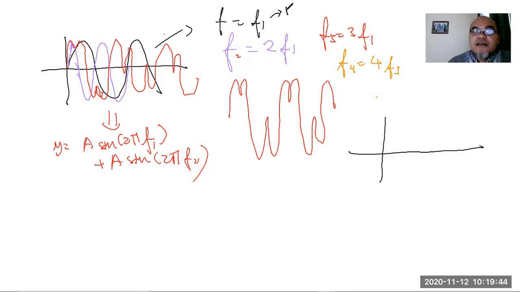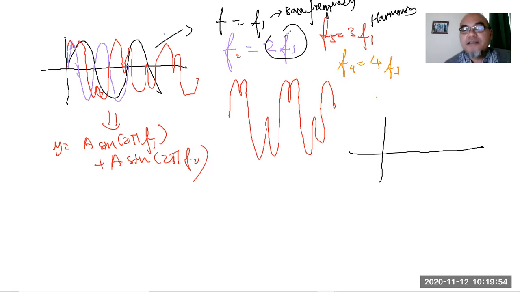This is called the base frequency, and the other frequencies are called the harmonics of the base frequency. So 2f1 is the second harmonic, 3f1 is the third harmonic, and 4f1 is the fourth harmonic.